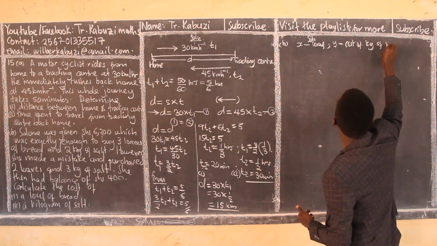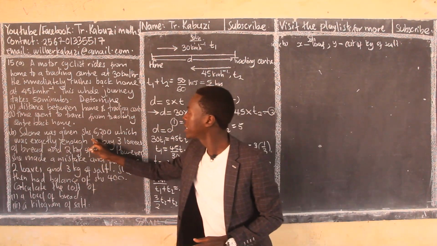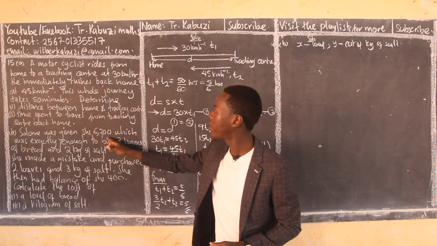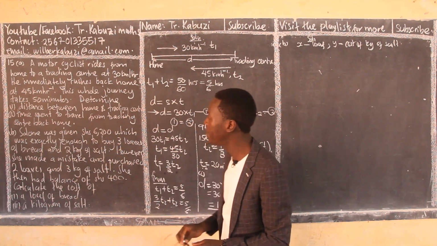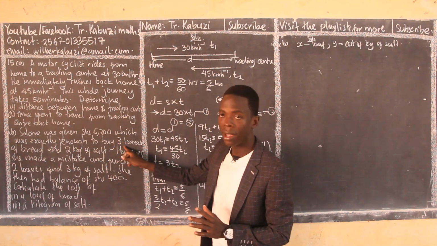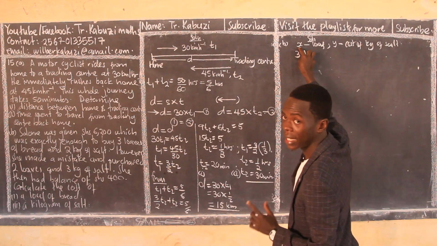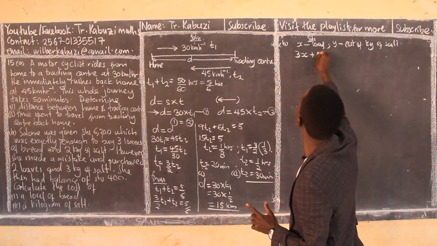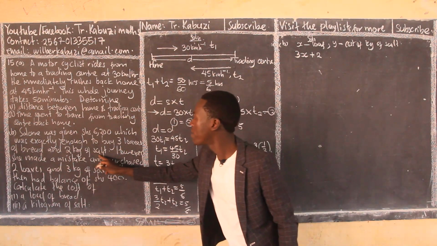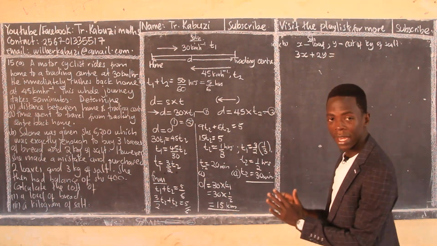a kilogram of salt. Now, the first part is telling us that she was given 6,200, which was exact, meaning exact enough to buy 3 loaves. So I get 3X, because X is our loaf, plus 2 kilograms of salt, which I'm calling Y. This money was exact.